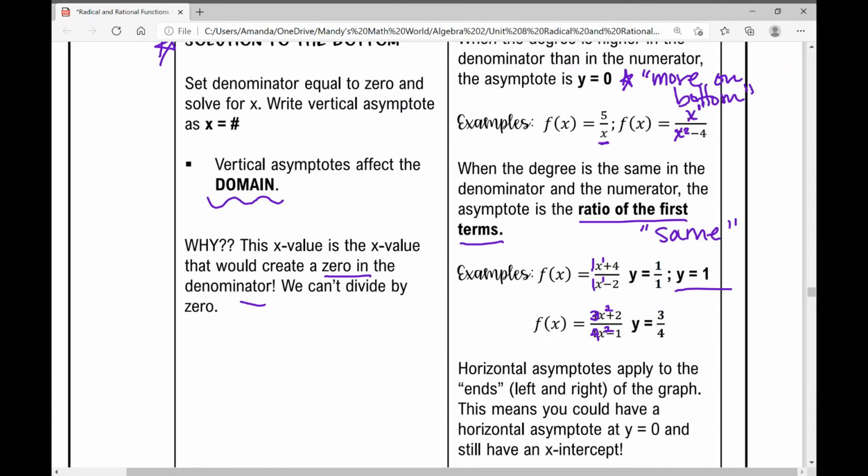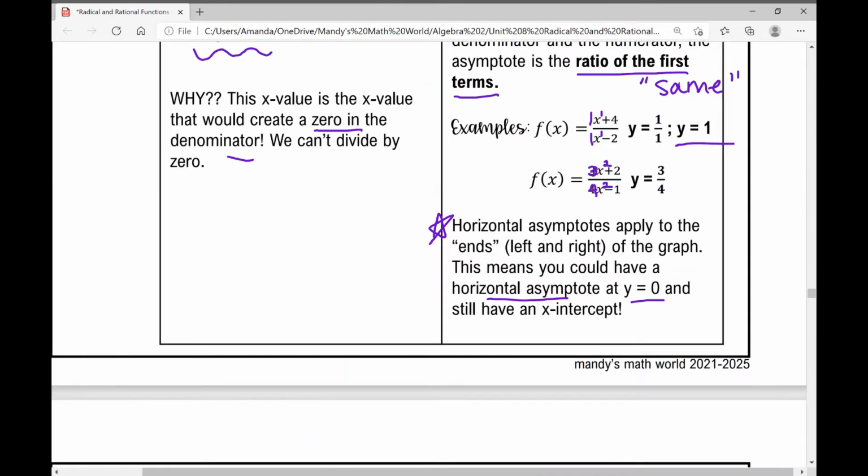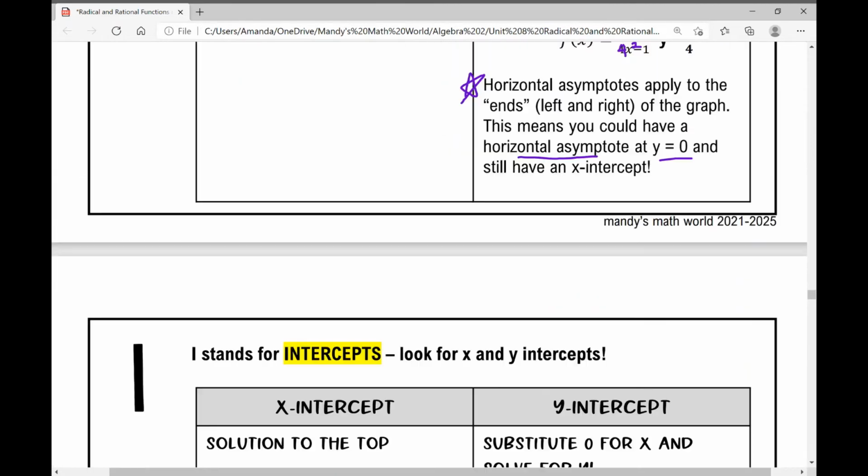So one of the things that always confuses my students is that horizontal asymptotes apply to the ends of the graph. This means you could have a horizontal asymptote at y equals 0, for example, but you still might have an x-intercept. And we'll see some examples of those. But on the ends of the graph, on the left and the right, you won't have anything cross those asymptotes.